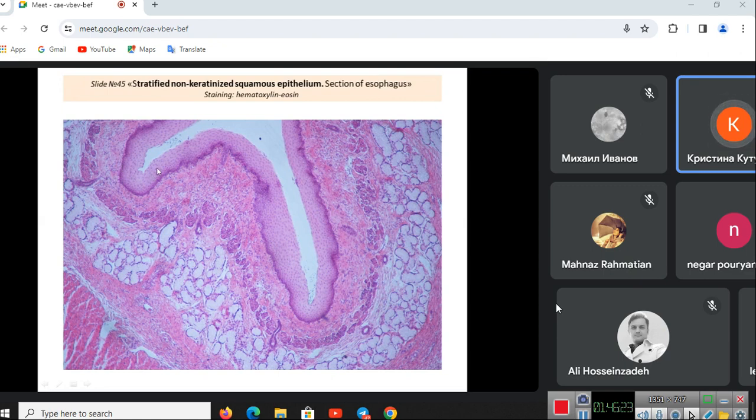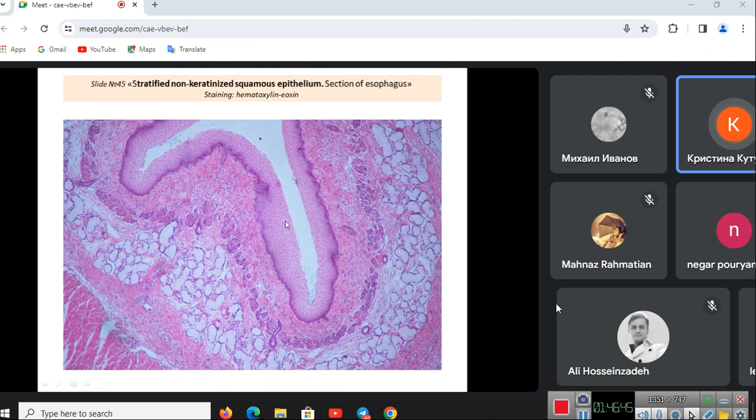In the stratum spinosum, this layer looks more pale for us because the cell nuclei are located more far away from each other because the cells have larger volume of cytoplasm. And in superficial layer we have flattened cells.